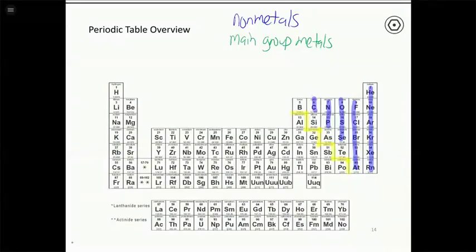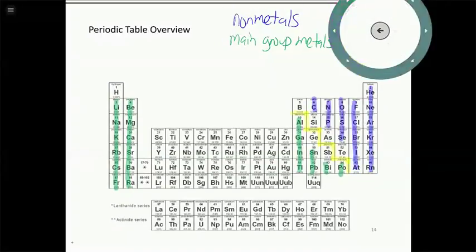And so the main group metals are going to be the ones on the left, these ones here, and then also the metals that are in the P block, which includes the rest of this column, and some of the bottom ones here. These are all considered main group metals. So they're to the left of the staircase, but they're either in the S block of the periodic table or the P block. Those are what we call main group.